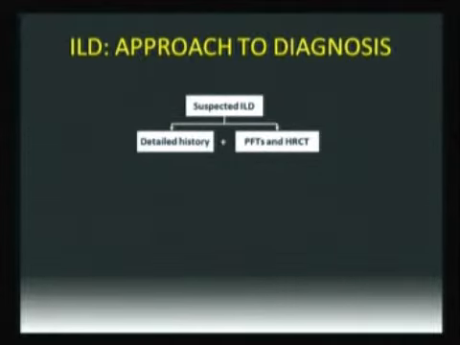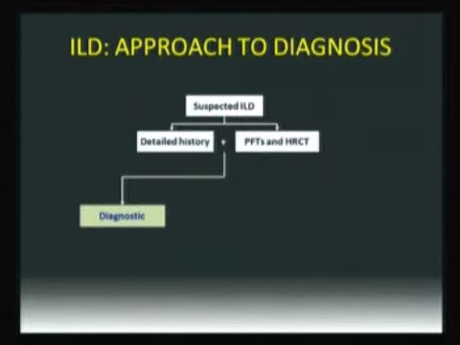First, of course, you need to know about ILD. You need to learn, you need to study, you need to read, and to know that ILD is an entity and is a complicated entity. Then you take a history of your patient, lung function, and high-resolution CT scan. That's, I think, the minimum set of diagnostic tools that we need to make a diagnosis of IPF or of interstitial lung disease.